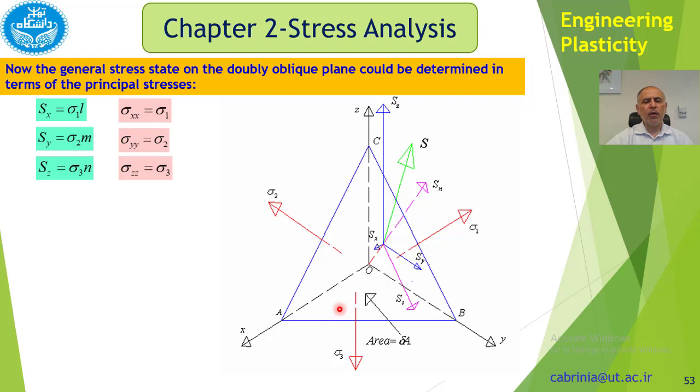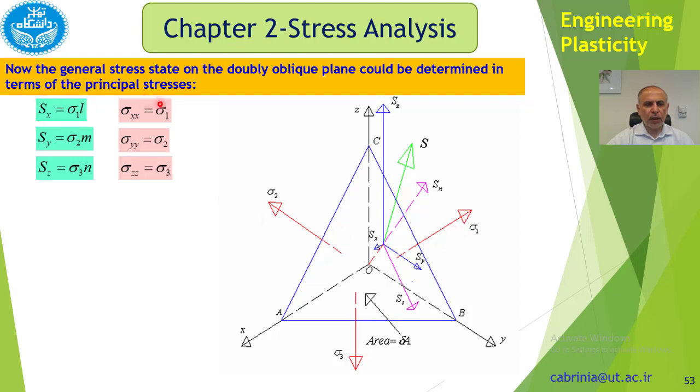Now we want to determine this S in terms of sigma 1, sigma 2, and sigma 3, because so far we have determined S in terms of Ss and Sn, in terms of Sx, Sy, and Sz. Now we want to find it in terms of sigma 1, sigma 2, sigma 3.